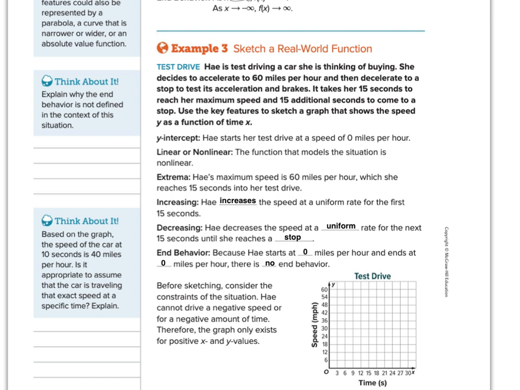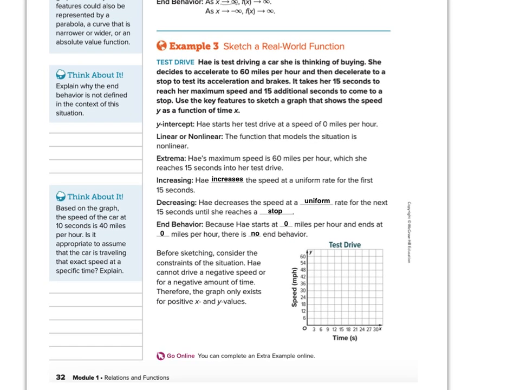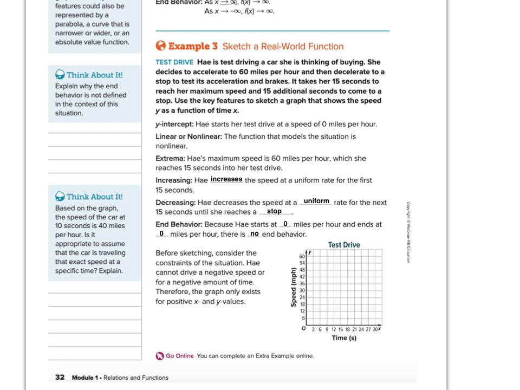All right, so she decides to accelerate to 60 miles per hour. So we know that she is going to come up to 60 miles per hour, and it takes her 15 seconds to reach her maximum speed. So time is 15 seconds. She accelerates from 0 to 60 in 15 seconds to reach her maximum speed and 15 additional seconds to come to a stop.